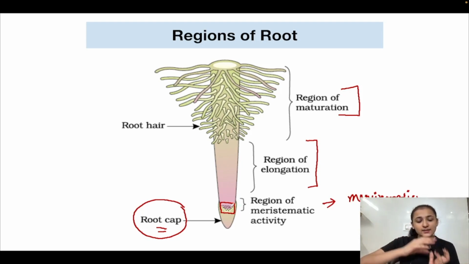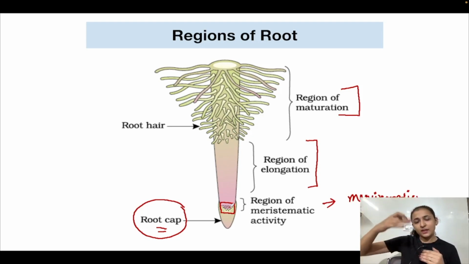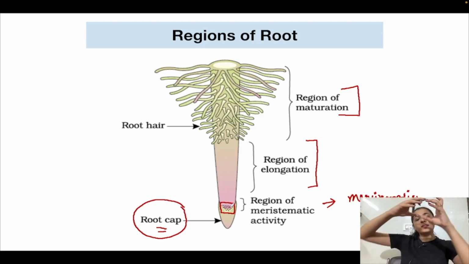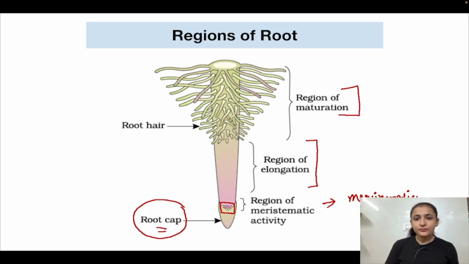So this is how the cells are dividing. This is the epicenter, which is giving rise to cells. As the cells come out, they elongate in this region, and as more cells are produced, they shift upwards and ultimately mature into a differentiated state.